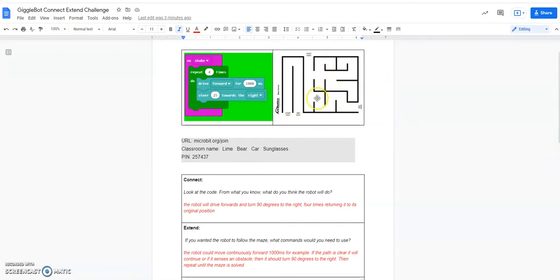And I want them to take what they've already learned about commands for driving a robot. In this case, I think making a square, repeating 4 times, going forwards and turning to the right. So if they know how to make a square with the robot, can they extend that knowledge into tackling the maze?